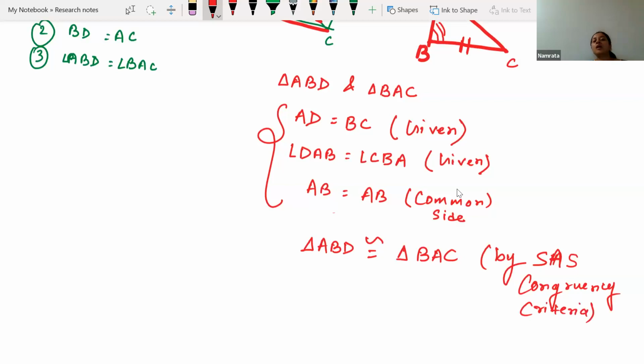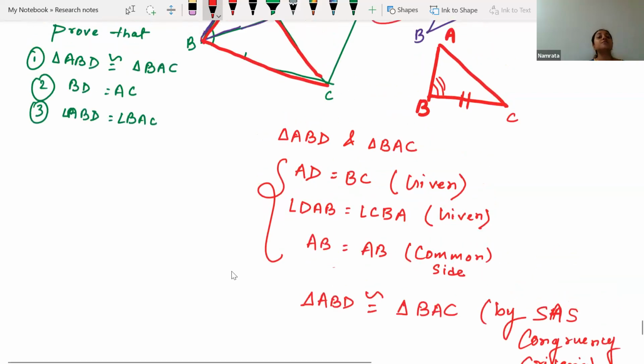Now, I said to you, when you are writing the congruency criteria, the name of the triangle is also important. Here already the names of the triangles ABD and BAC are given in the question. That's why I am not going to think about the sequence of the name.